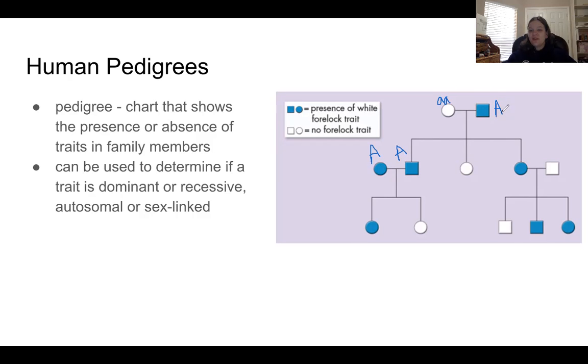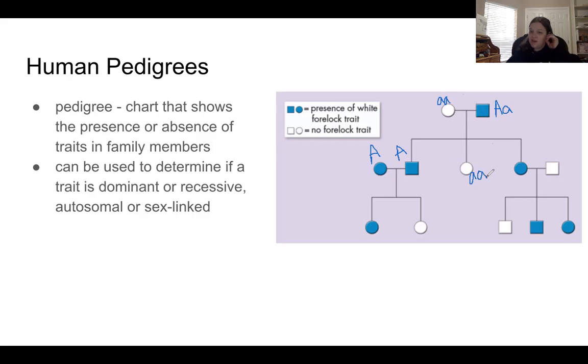So it's kind of like a little logic puzzle. They managed to have a daughter that doesn't have it, right? So if this is the dominant condition, then grandpa must be big A, little a, because she doesn't have it. So it's a little bit of a logic puzzle to figure out what everybody is.